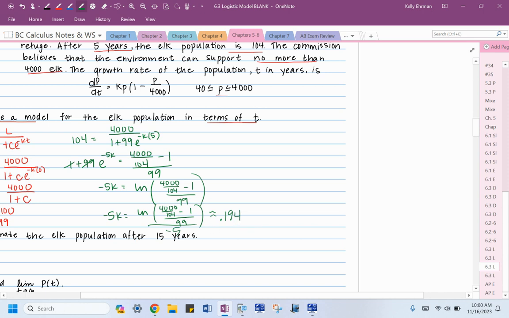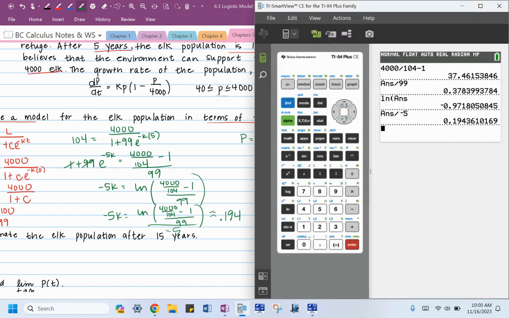Now, the model that I would write is P equals 4,000 over 1 plus 99 e to the negative 0.194 t. I would just leave this k value like this, but if I just want to write the model, make sure you put the negative in there. But I would want to leave that on my screen so that when I find the population after 15 years, I'm not rounding it off.